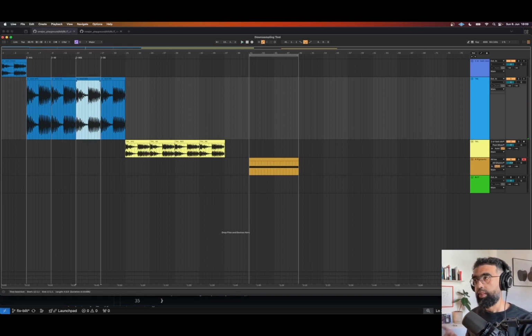Okay. Now, here is the same effect, same setting, 88.2 kilohertz host sample rate. And finally, same effect, same setting, but at 96.